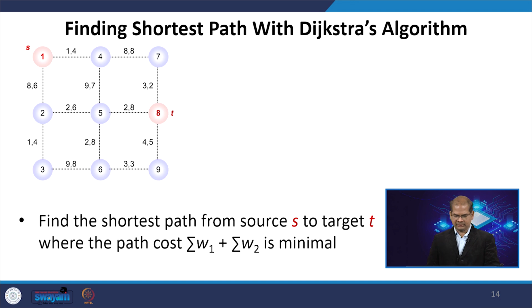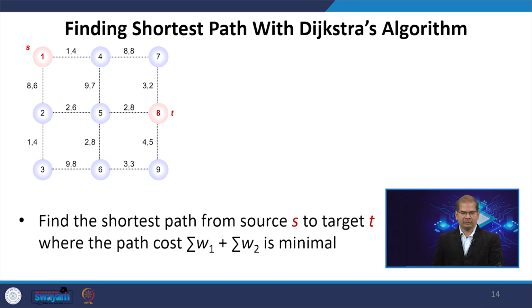Now, we will take an example here. So, basically here what we are doing? We are finding the shortest path using Dijkstra's algorithm. I will tell you again, the conventional Dijkstra's algorithm used in graph theory uses an edge which has a single weight, but in our VLSI routing problem, we have an edge which has two weights.